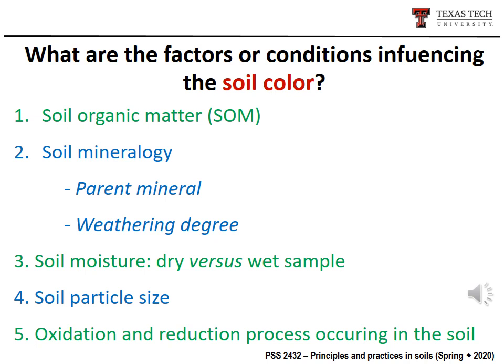And now the first question is, what are the factors or conditions that influence soil color? The first one, soil organic matter. The soil organic matter will contribute to black color or darkness of soil, basically.